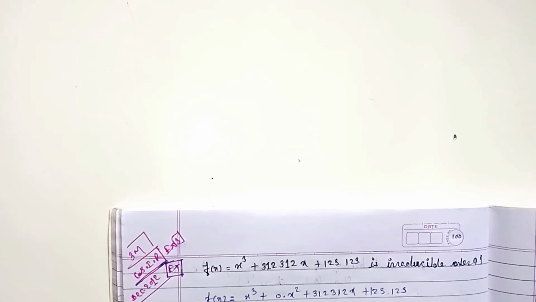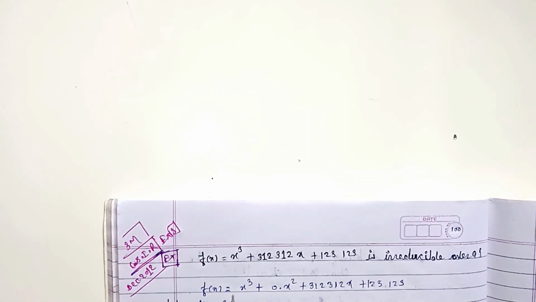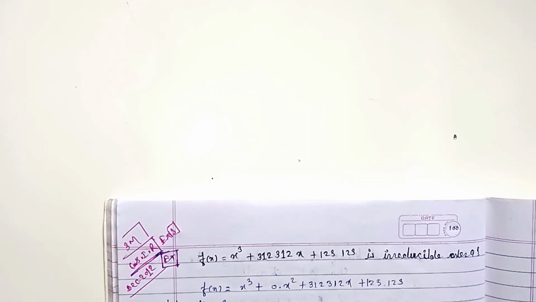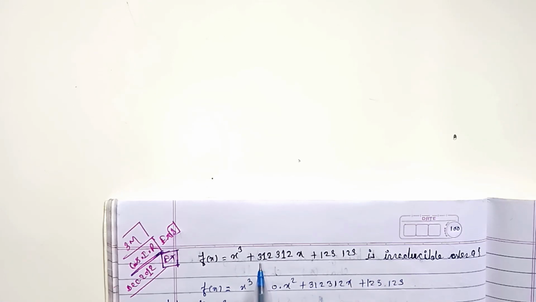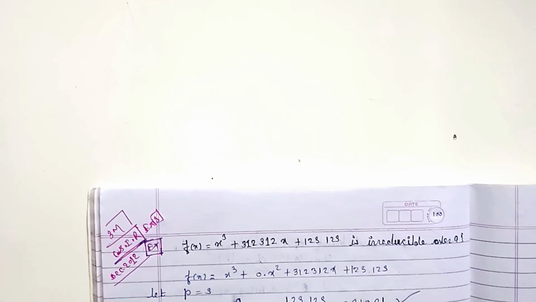Now let me explain Eisenstein's irreducibility criteria to apply to our function. We first find a prime number p that divides the coefficients, but does not divide the leading coefficient, and whose square does not divide the constant term.